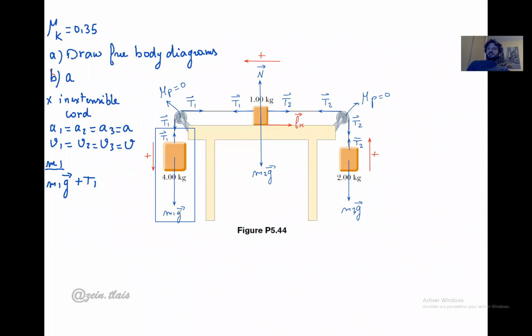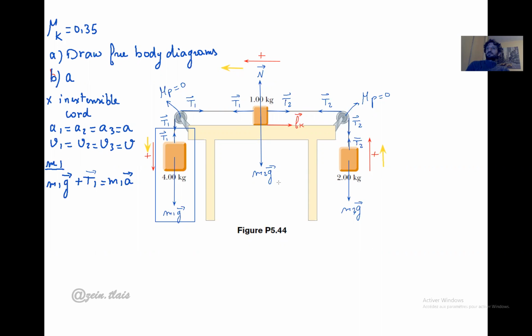We have M1g, we have T1 equals M1A. A takes the same direction as the velocity, like this.